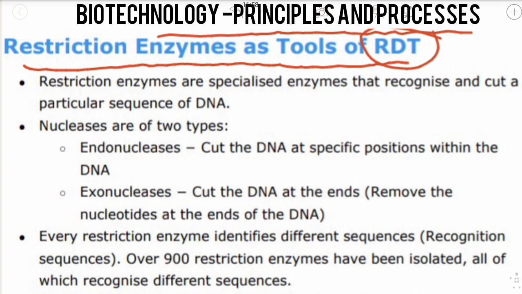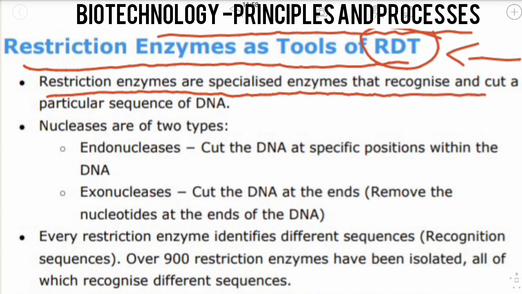First one is restriction enzyme as the tools of recombinant DNA technology. Restriction enzymes are the specialized enzymes that recognize and cut a particular sequence of DNA. Restriction enzymes are also known as molecular scissors.